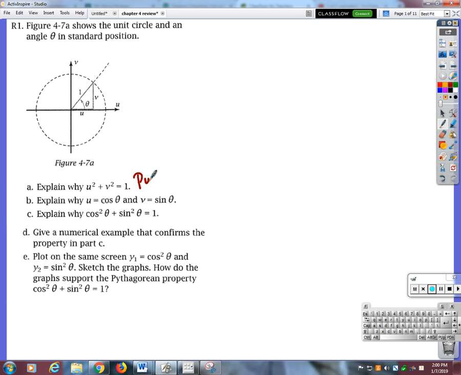So we know that is true because of the Pythagorean theorem. Like Janessa said, it's a right triangle, and 1 is the hypotenuse. So the sum of the squares of the legs equals the square of the hypotenuse.